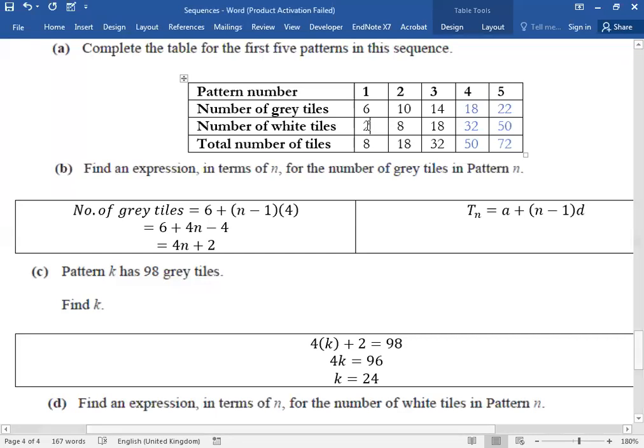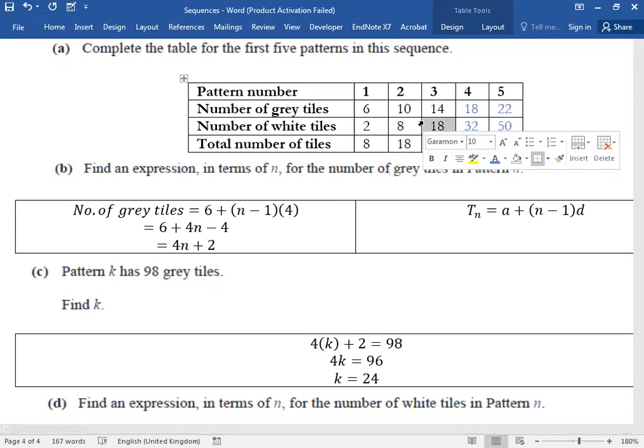Not adding, do not think in multiples. Multiply 1 by 2. Okay, how can I get 8 from 2? Multiply by 4. No, think in multiples.